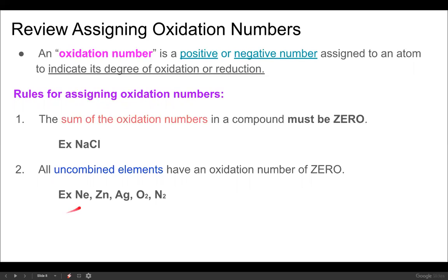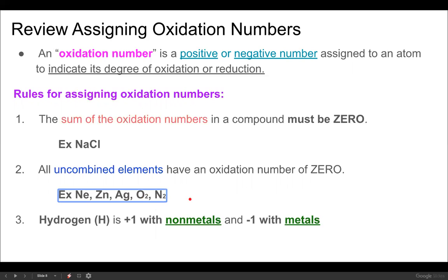So neon, which is a noble gas, has no oxidation number. Zinc and silver, they don't have oxidation numbers as metals. And oxygen is diatomic, doesn't have an oxidation number associated with it, and neither does nitrogen.